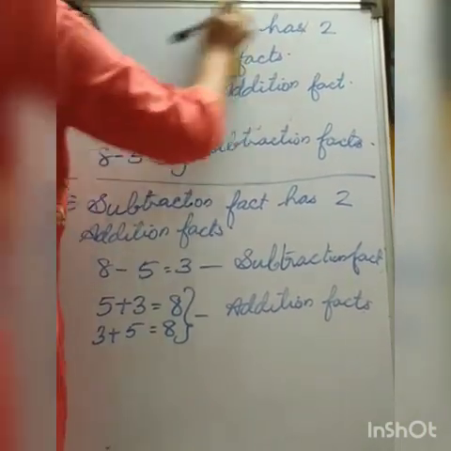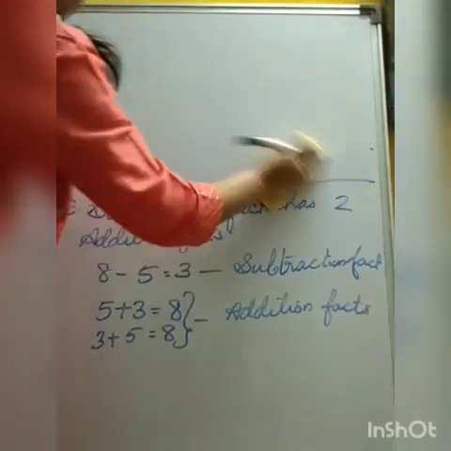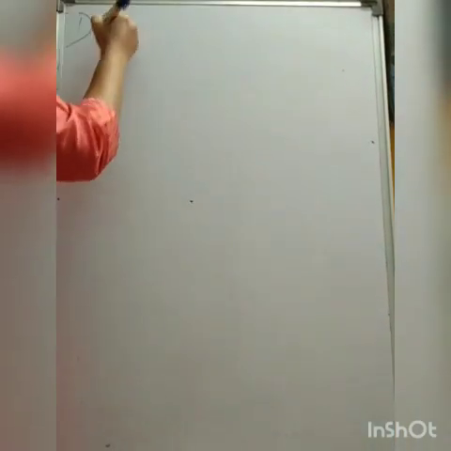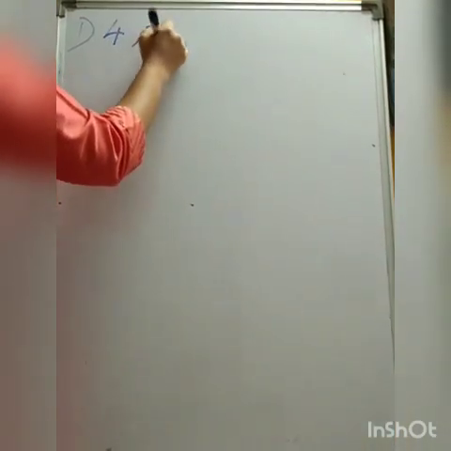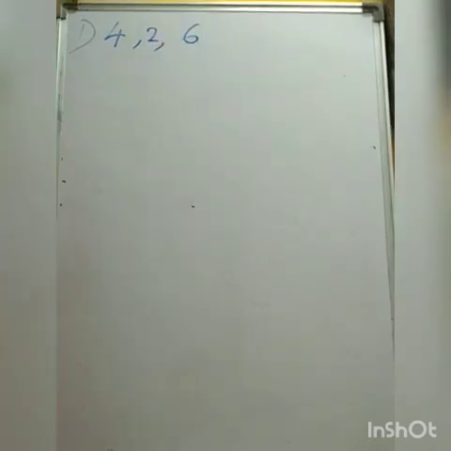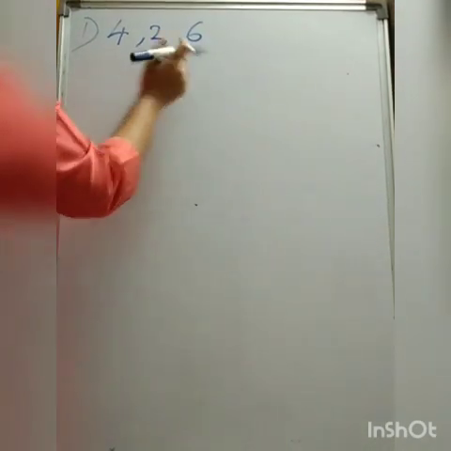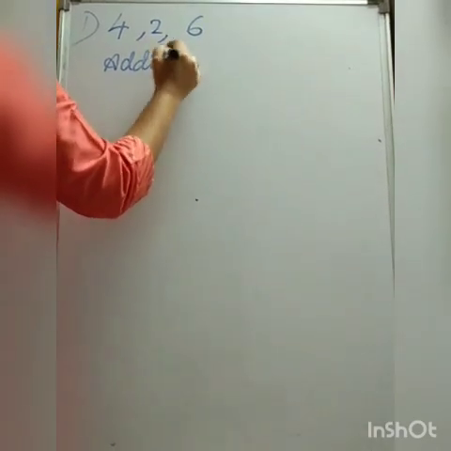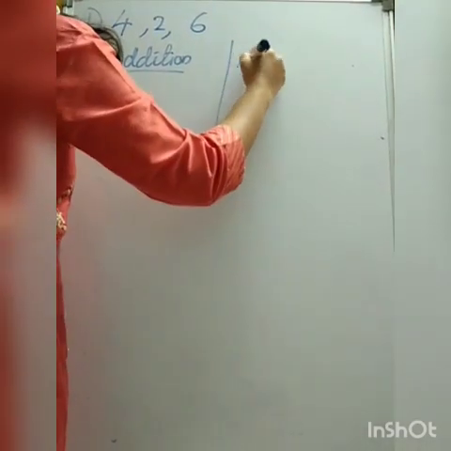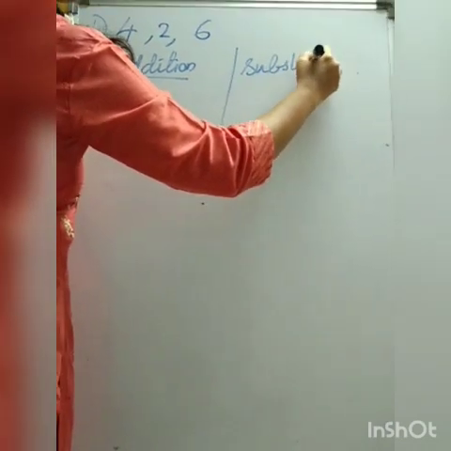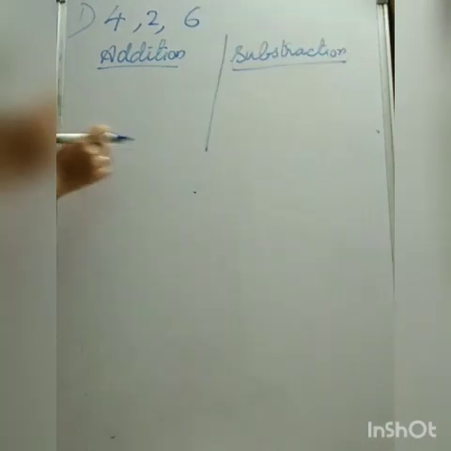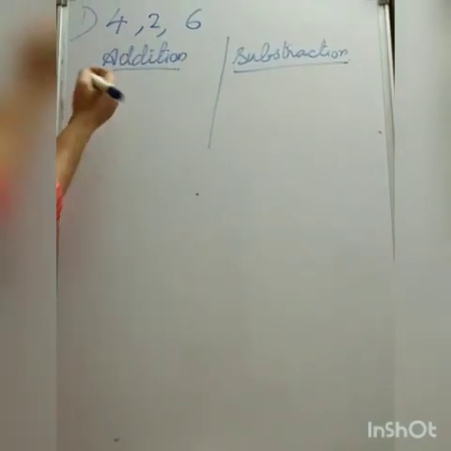Let's practice with some more examples. Say first one, 4, 2, 6. By using these numbers, we have to write addition facts and subtraction facts. In addition, which number comes first?